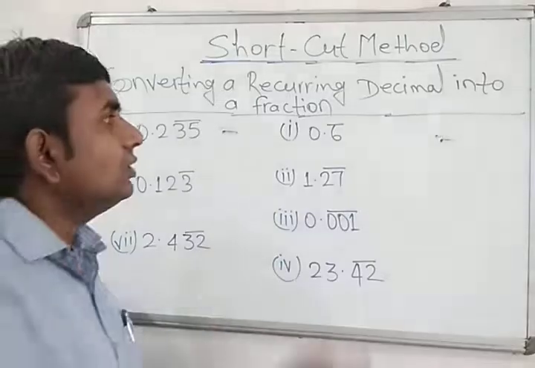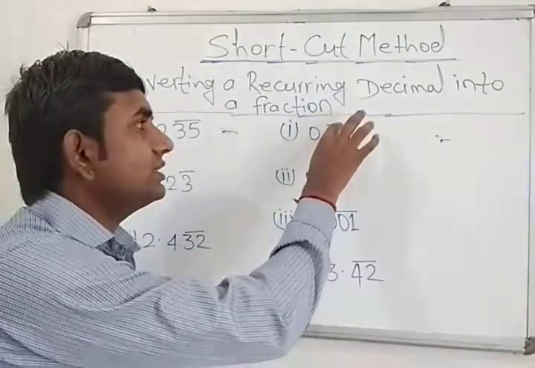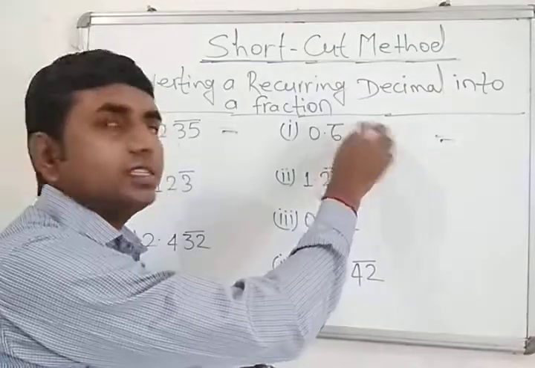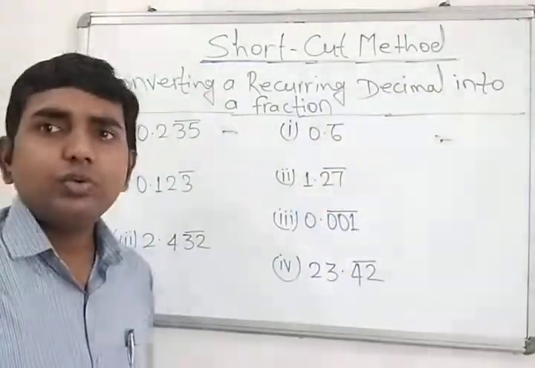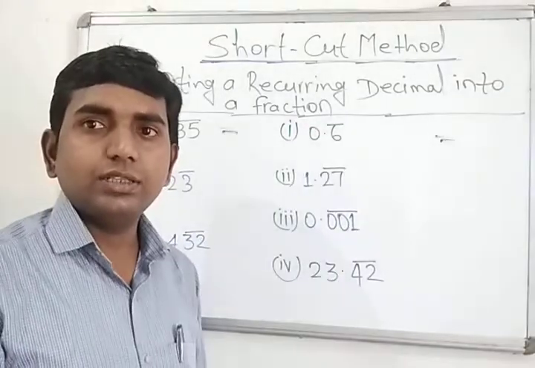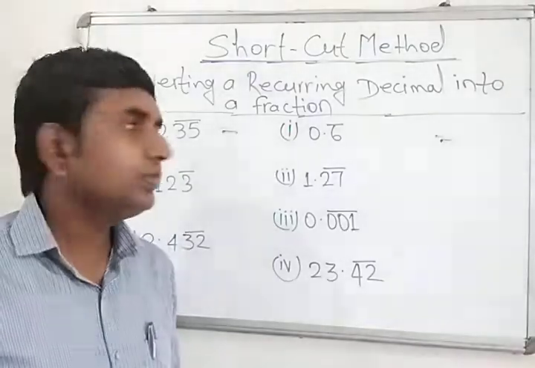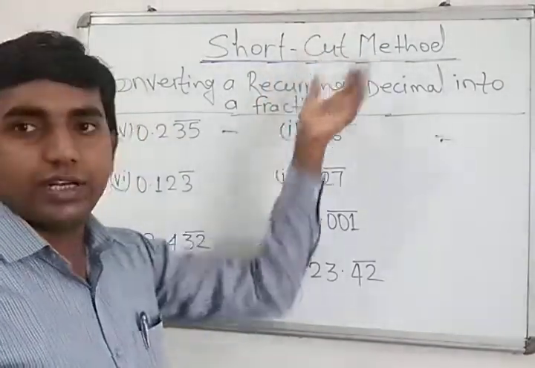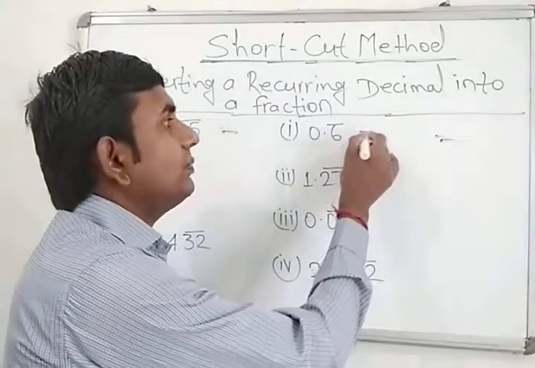Here we have 0.6 with a bar over the 6, which indicates that 6 is repeating. We want to write this number in the form of a fraction. For this we apply the shortcut method.